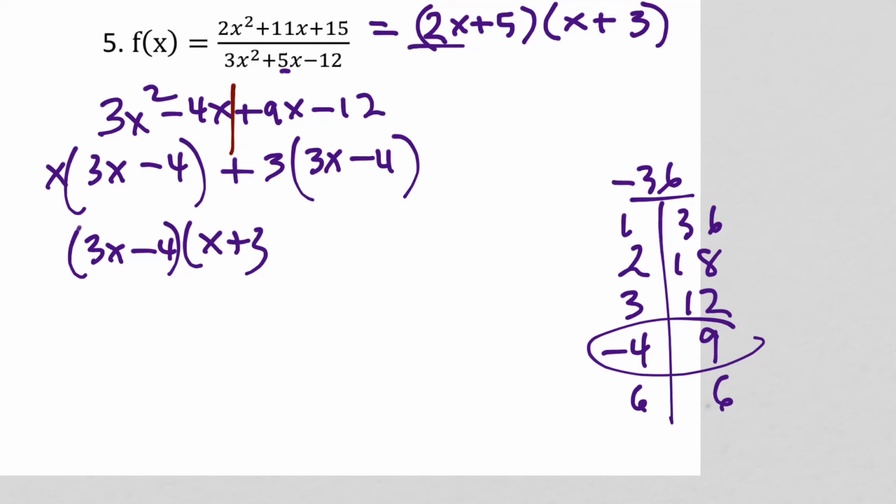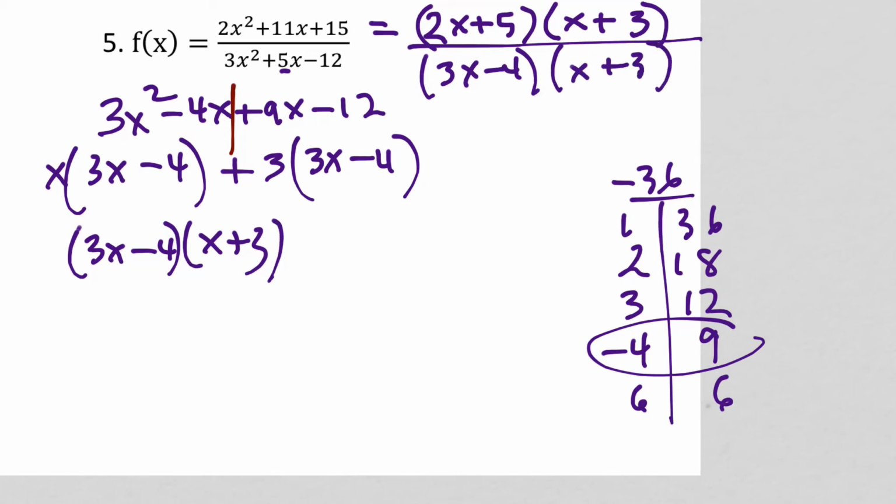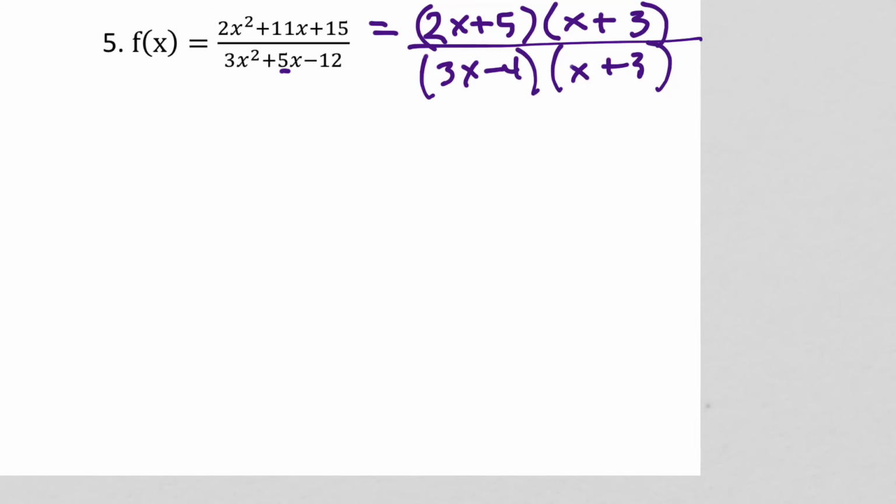So I'm going to write that up here. 3x minus 4, x plus 3. Okay, so this is our starting point. So now we want to examine it and see if there are any holes. So holes occur when you've got a matching factor on the top and the bottom that we cancel.